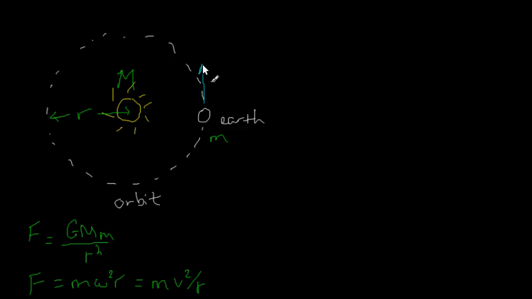Now, as we have learned, in order for an object to go around in a circle at a constant speed, there must be a force pulling it towards the center of the circle. Since the Earth is going around the Sun at a constant speed, there must be such a force. But where does this force come from?